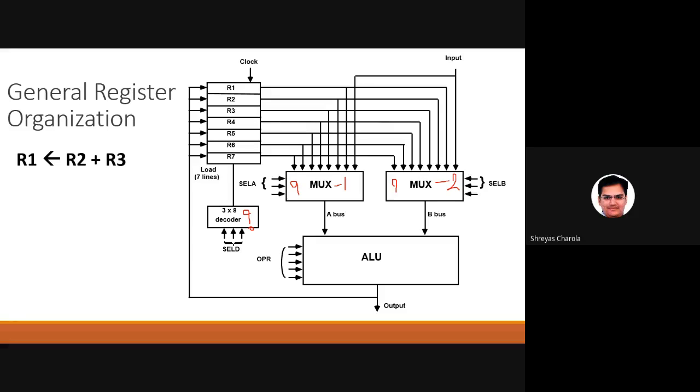Decode the register instruction. Look at the diagram. Just understand why the multiplexer and one decoder have been used.